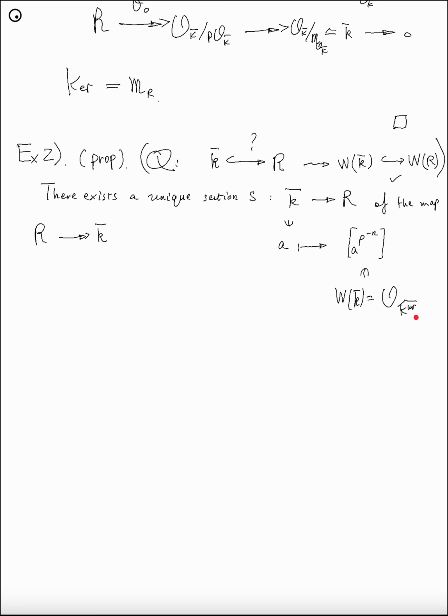And so now it's in O_K unramified, in particular it is in O_C. And then I take the tuple of this, as I described, so this is the Teichmüller lift, which means this is a p to the power minus n, in W of k bar, which is this.